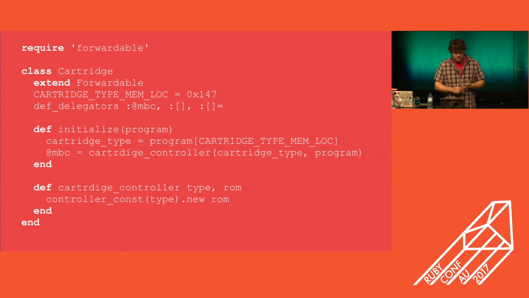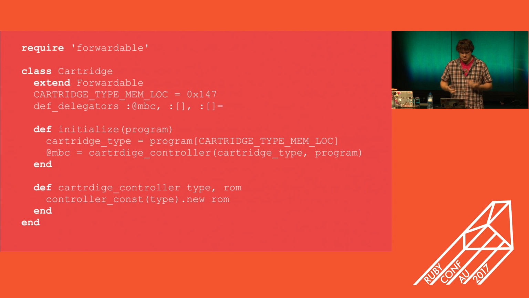To implement the cartridge, it's built up into 2 different parts. One is a class that implements the square brackets. The other is the actual memory bank control, the cartridge bank controller. Inside the actual game, it declares what's called the cartridge type.